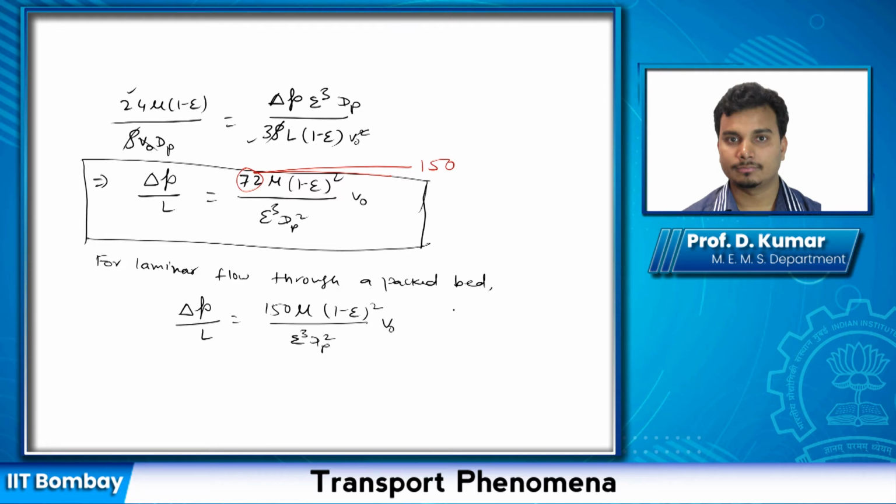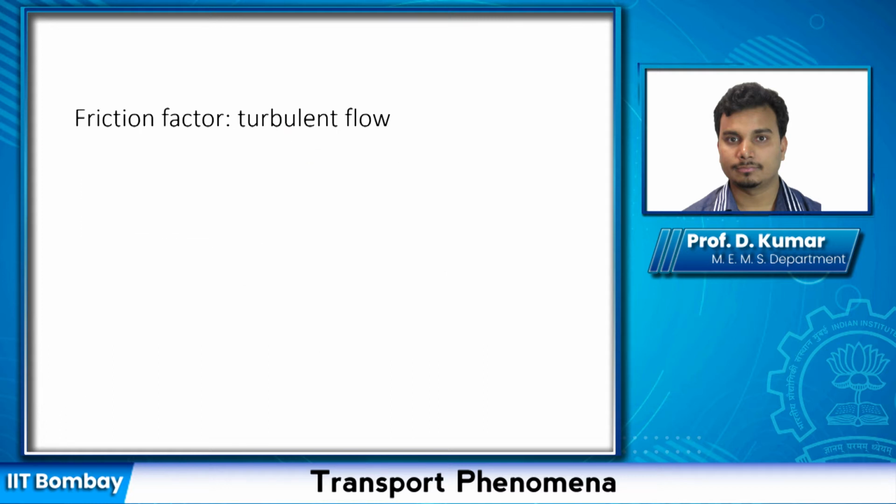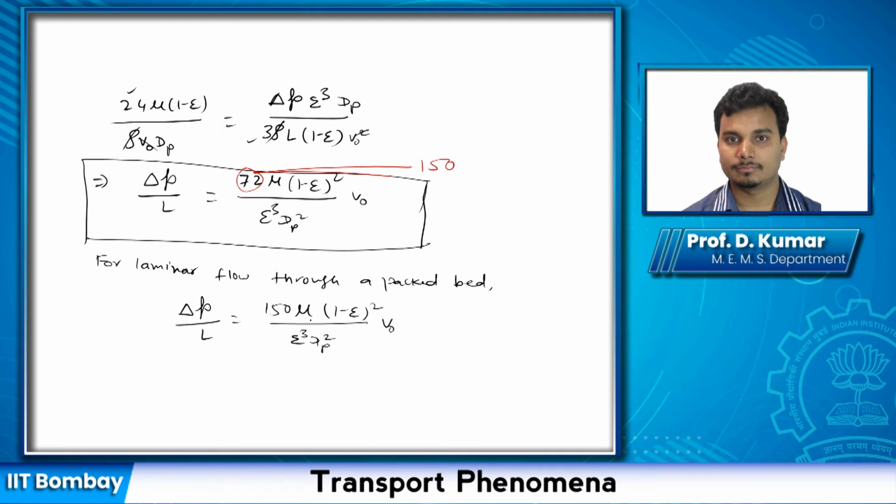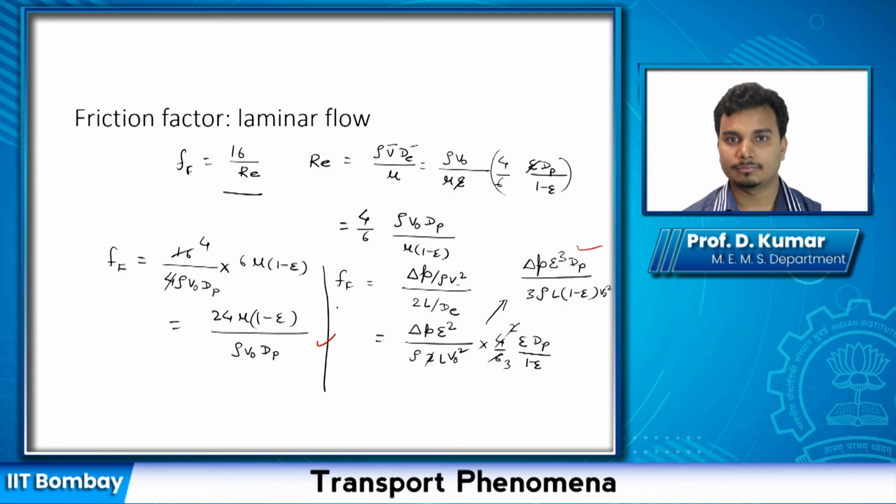Okay. So next, similarly, this laminar flow assumption is true based on the Reynolds number. We saw how it was defined, but when we define this Reynolds number for packed bed, we just remove the coefficient and other things are fine.